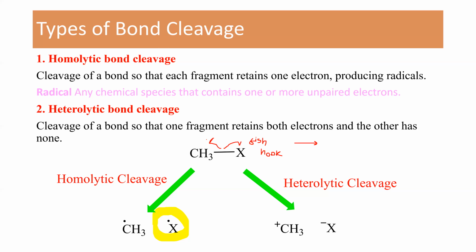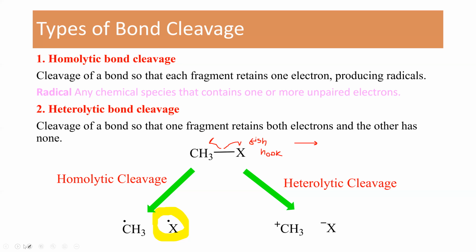So always remember, whenever we are drawing the mechanism, the tail of the arrow is at the side where the electronic bond is, which is the source of the electron, and the head is towards the side where that electron will go. So after the homolytic cleavage, there is the methyl radical and there is the halide radical.